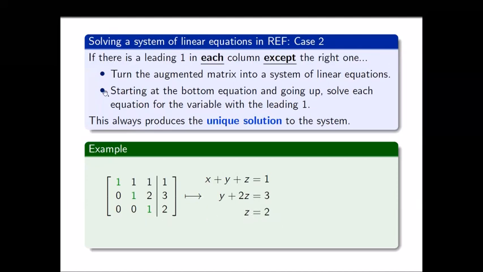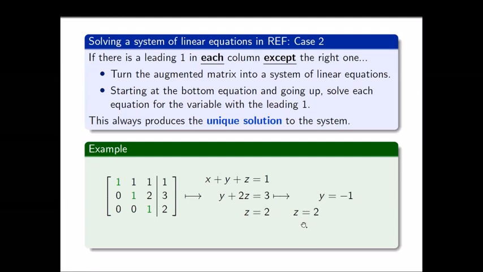So what this second step means is that we start from the bottom equation and we keep finding values. The bottom equation already gives us a value for z, that z equal to 2. Then we take z equal to 2 and we plug this in the middle equation, and we get y plus 2 times 2 equal to 3, so y has to be -1.